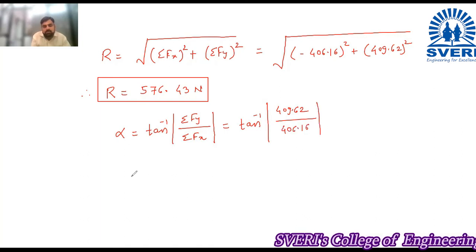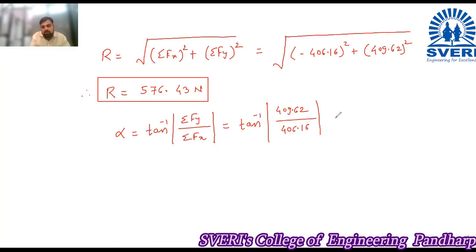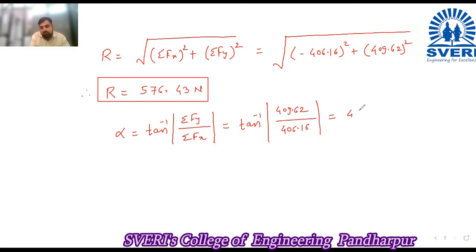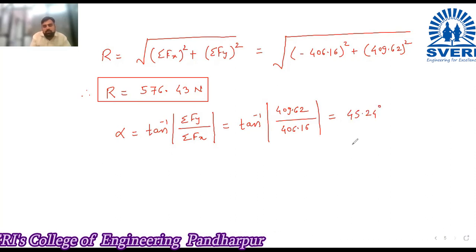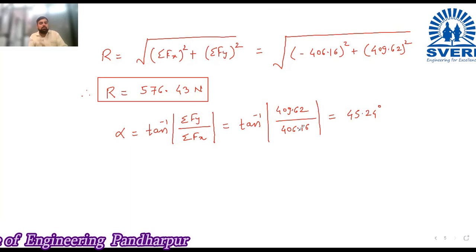Please check the answers. Therefore, after solving this, you will get alpha is equal to 45.24 degree. Okay, so your alpha is 45.24 degree.